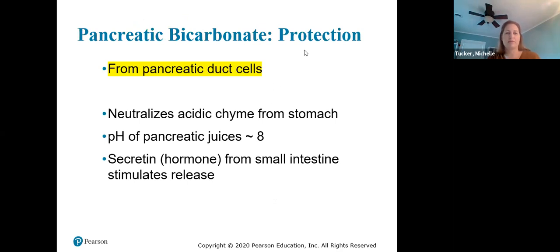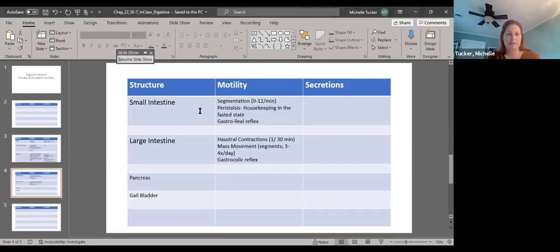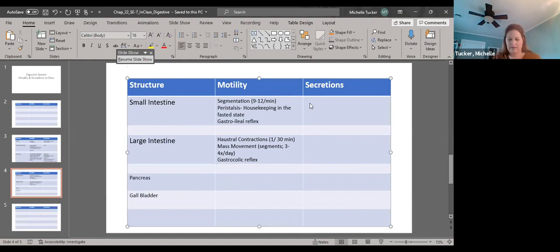So for the pancreas, let's go back here. So we can go to the small intestine. The small intestine does secrete mucus and a slightly alkaline water for fluidity.